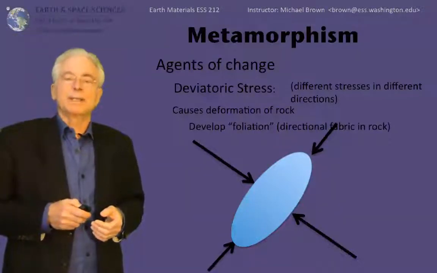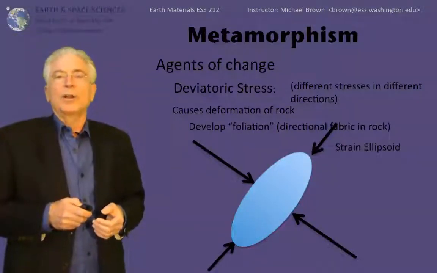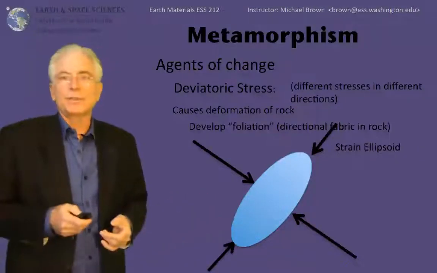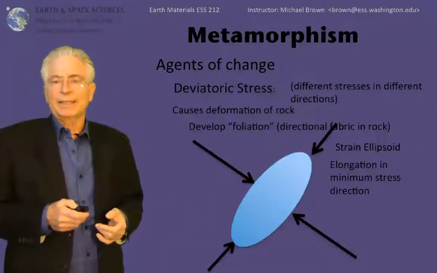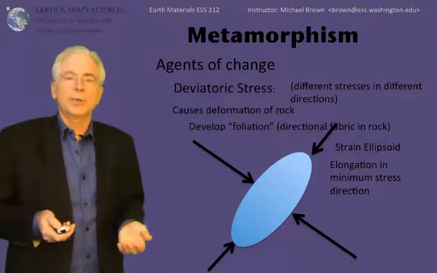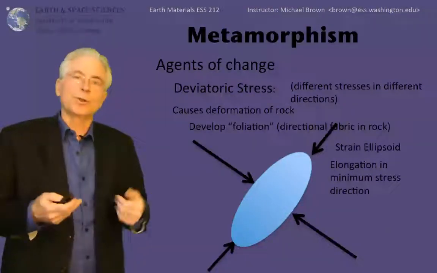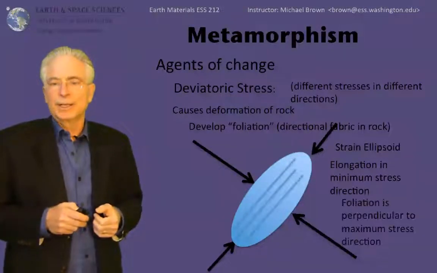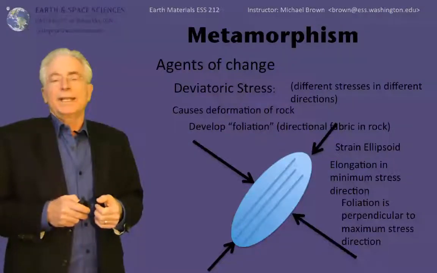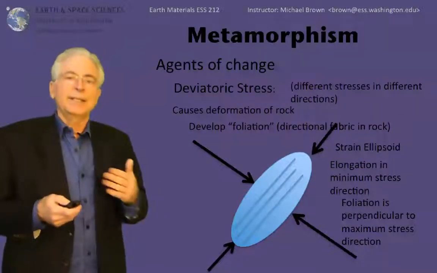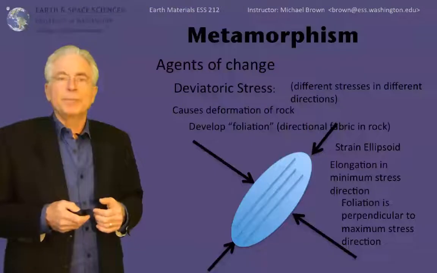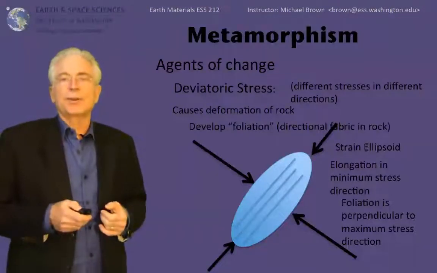It strains by elongating along what we call a strain ellipsoid, and it elongates in the lowest stress direction. It shortens in the high stress direction. Foliation develops in the rock, and that's linear features that are perpendicular to the high stress direction.